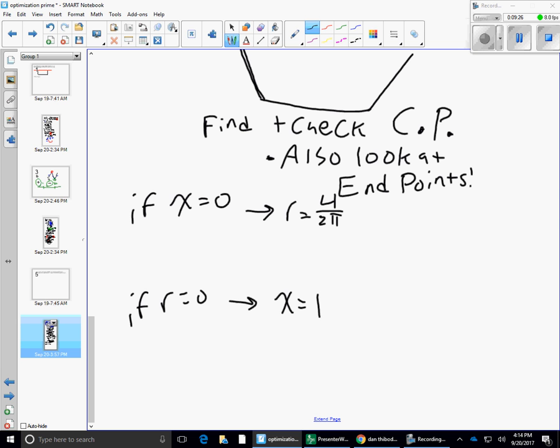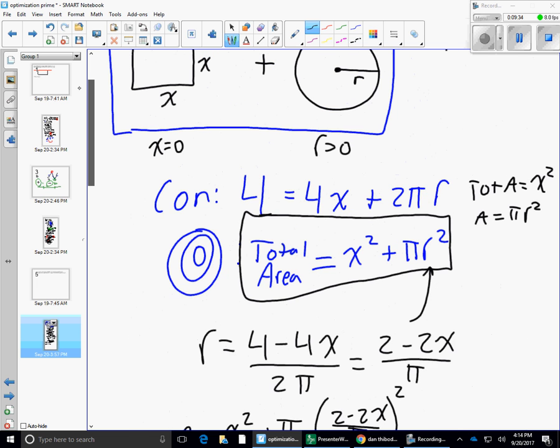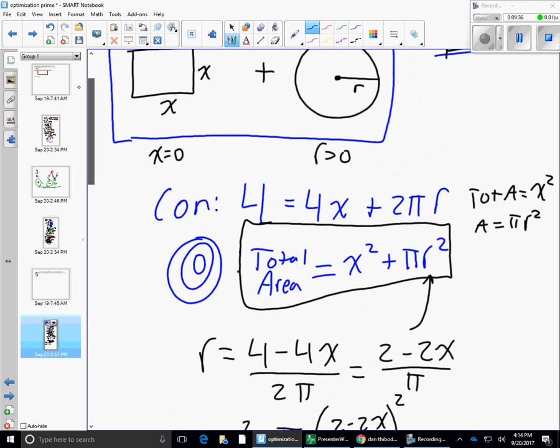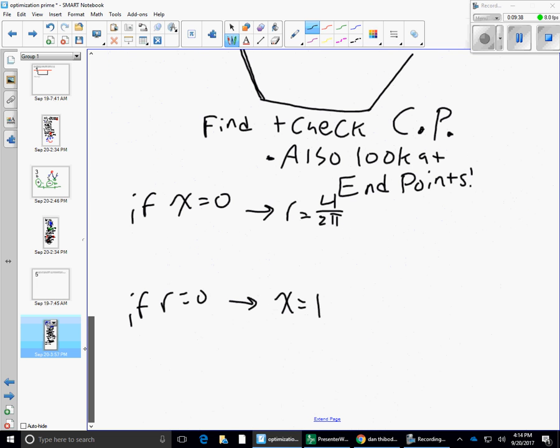Well, let's look at this. Which one of these maximizes the area? So again, if x equals 0, we talked about this already, it would give us the total area equation of pi r squared. And if r equals 0, then just x squared would be our total area.